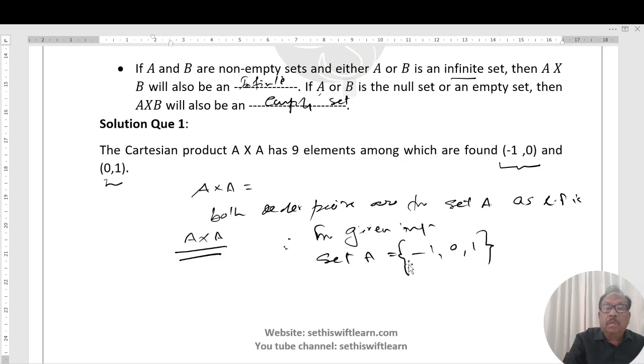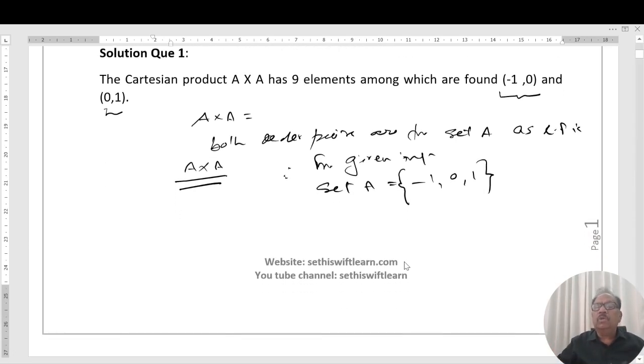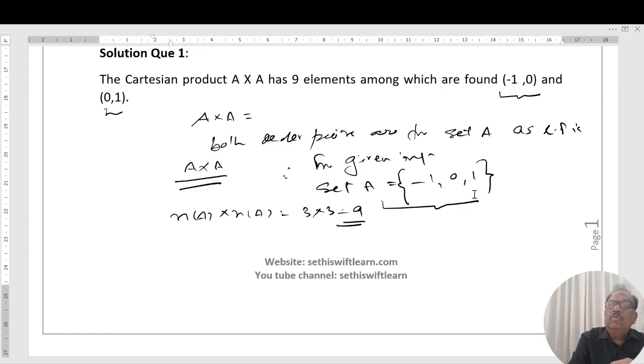Whether it is a complete answer, yes or no, let's check. According to the question, a total of 9 elements are given. So n(A) into n(A), that is 3 into 3, that is 9. This completes the information. Therefore, set A is {-1, 0, 1}.